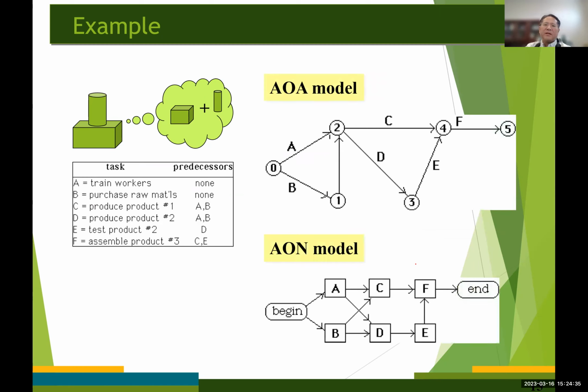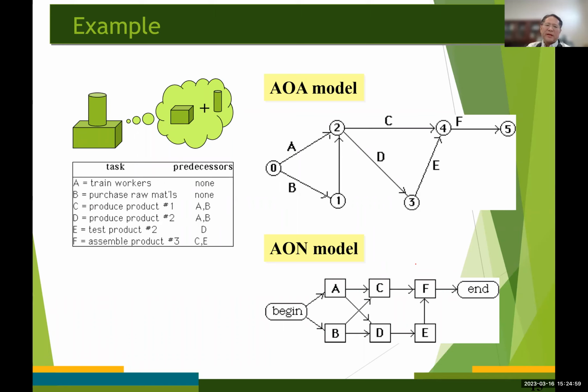If we draw a network diagram for this project, it will be just like this. The CPM is based on the network diagram, the AOA model and AON model.